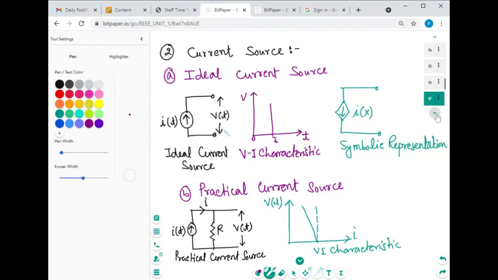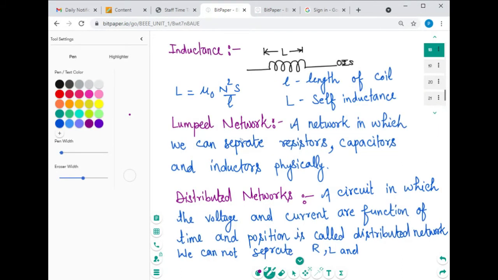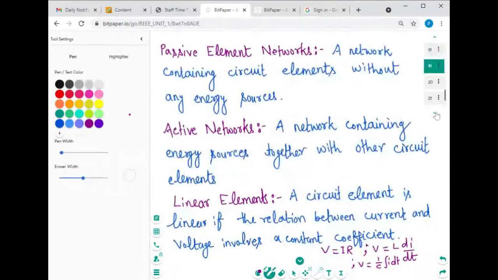We saw the symbol of inductance, and we saw a lumped network and a distributed network. What do you mean by lumped network? Lumped network means that we can separate the resistor, capacitor and inductor from the circuit, whereas in distributed we cannot separate them. After that, what is a passive element?